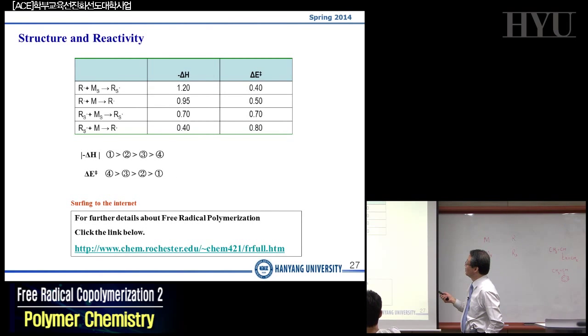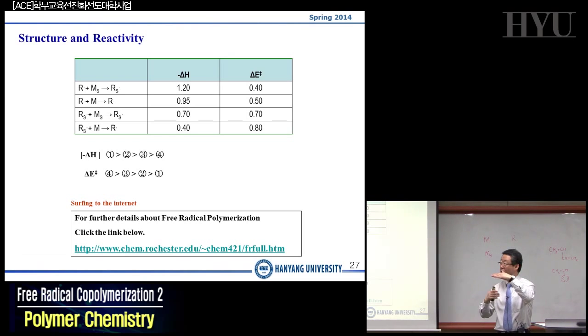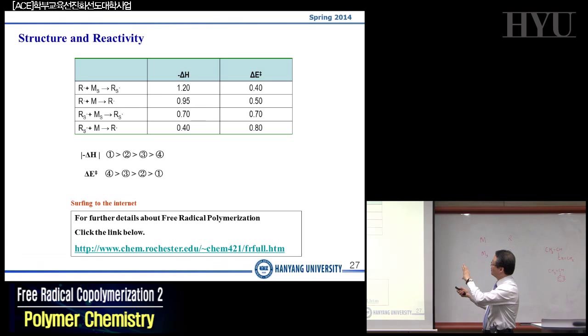That was given in this table, where R and MS becomes RS, R and M becomes R, RS meeting with MS will become RS, and RS meeting with M will become R. And I have delta H. They measured the delta H values and the delta E values and tabulated them here in this table.